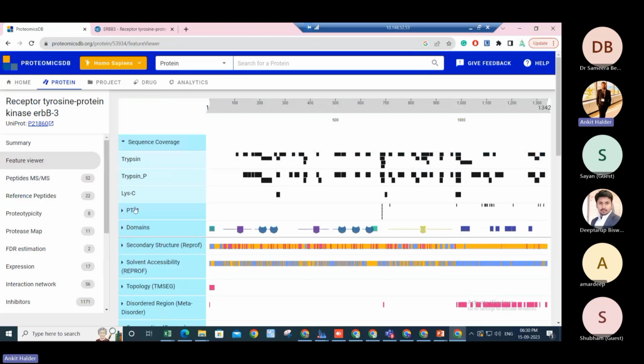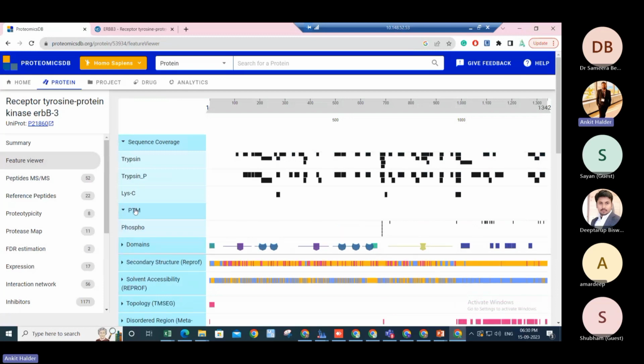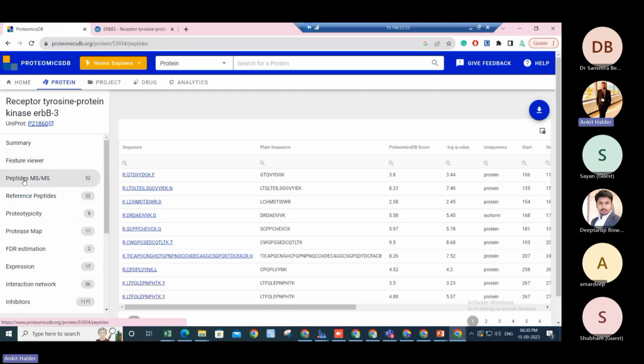Then there are the PTMs. If you know the PTMs and want to identify them, you need a particular kind of enrichment which will help you enrich those peptides for your mass spectrometry analysis. Otherwise, it would be difficult to detect those. Another thing is the peptide MS/MS.